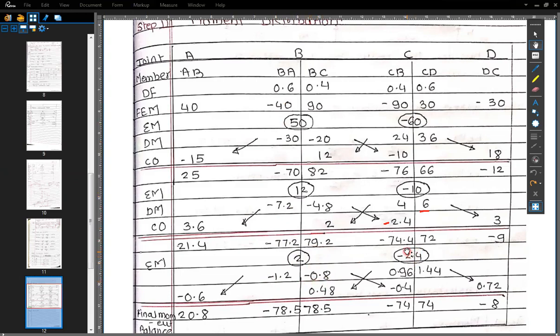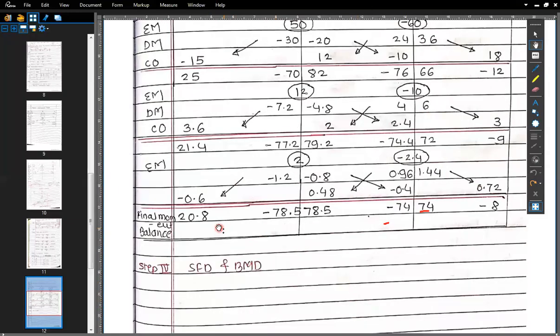And for joint C, there is a minus 2.4 kilonewton meter movement unbalanced, so we are going to apply plus 2.4, that is plus 2.4 into 0.4, 0.96, and plus 2.4 into 0.6, that is 1.44. So again we are going to distribute half half. Okay, and at this step we get balanced movement here. Okay, so we are getting a balanced movement.